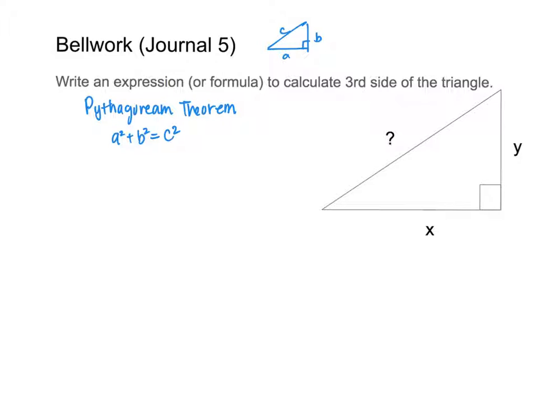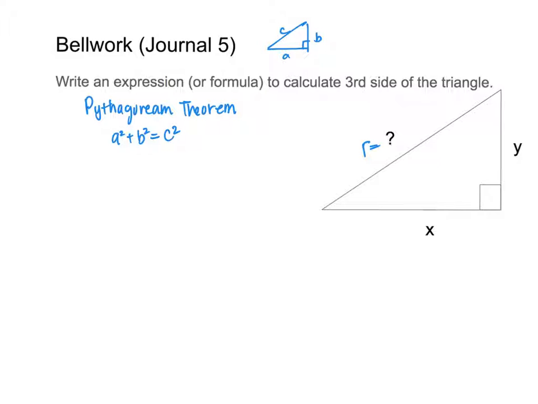And what we're going to do is use that, but we just have different variables here. So I'm going to call this mysterious side here R. I will explain why I'm calling it R later on. It will have to do with something that we will learn in the next journal.